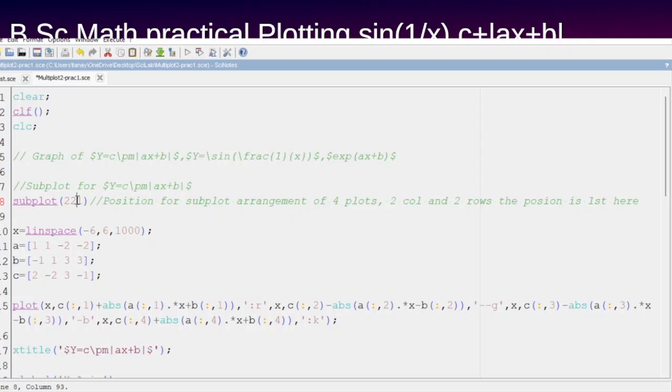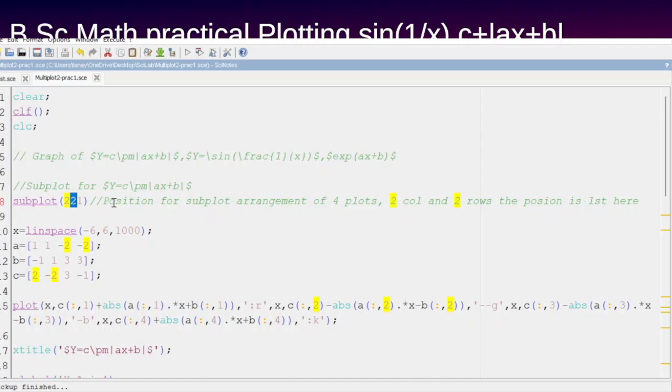Your screen is divided into 4 blocks, so you can assign positions like this. So I assign this subplot as a 2 by 2 matrix, dividing the whole area of the graph into 4 divisions.